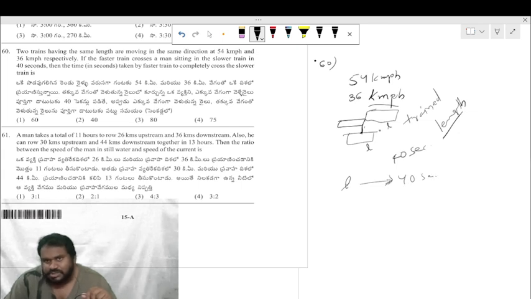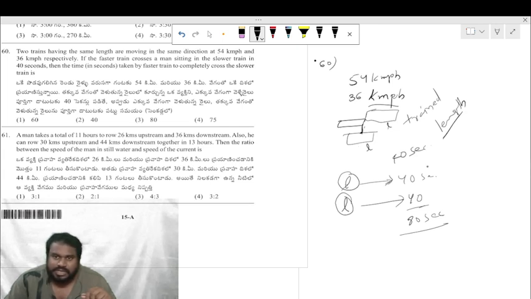And to cover one more L, again it takes 40 more seconds. So 80 seconds it takes to cross the slower train.